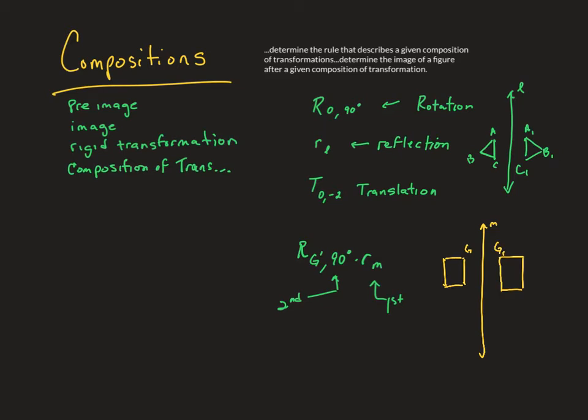Now G prime is going to be the place where I begin my rotation. So G prime is going to be the center of rotation, and it's going to rotate 90 degrees that way. So that's why G prime is going to be the second transformation, grouping these things together and doing them in combination.